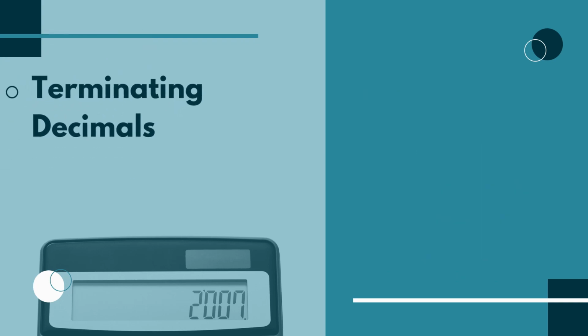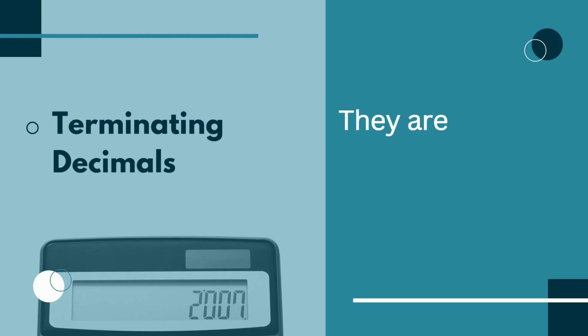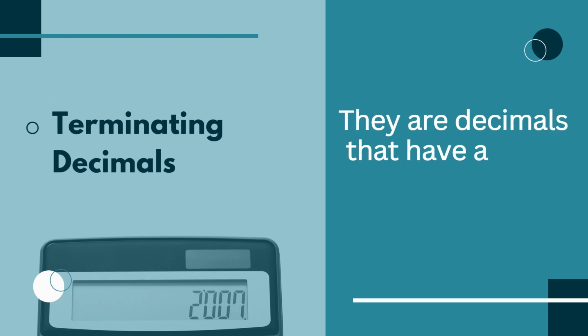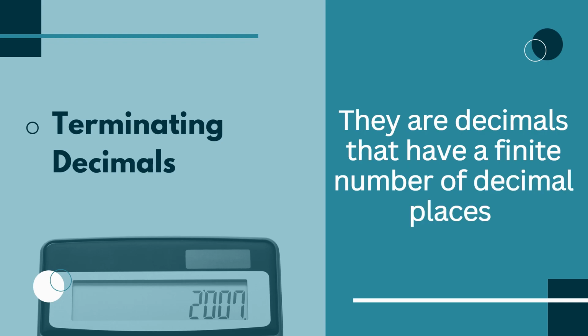Terminating decimals are decimals that have a finite number of decimal places. To understand further what repeating and terminating decimals are, let's study the following examples.